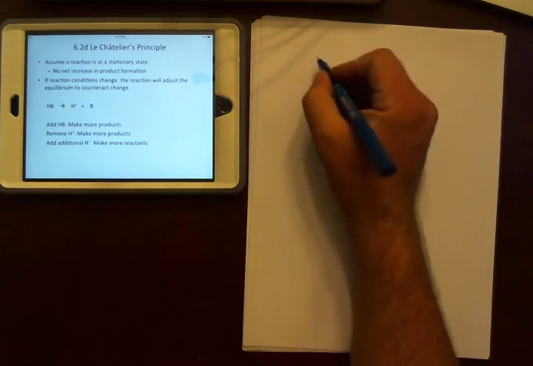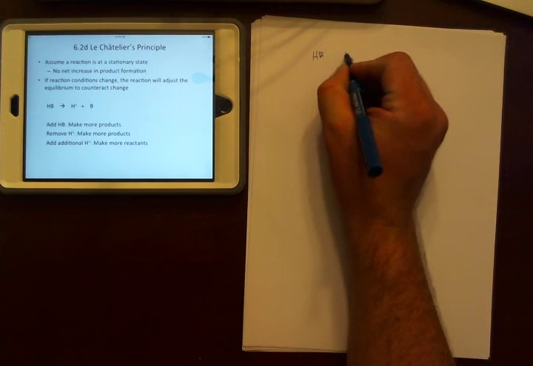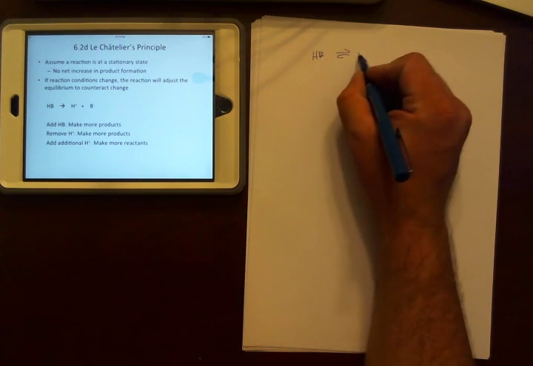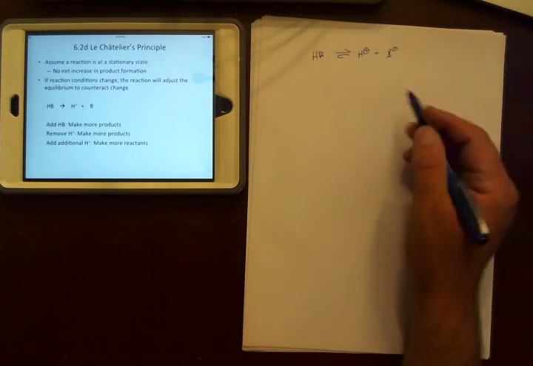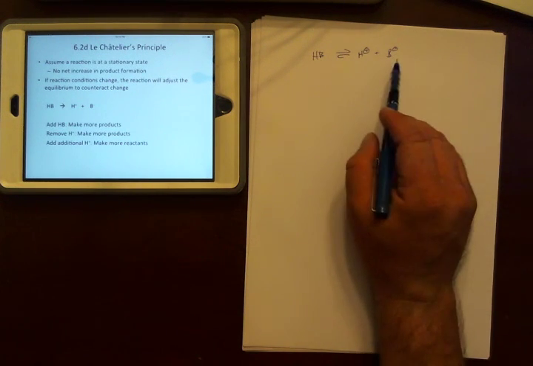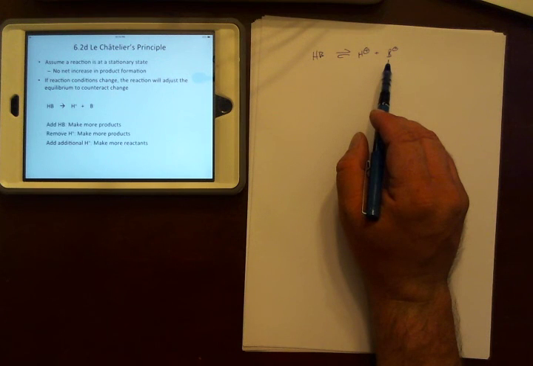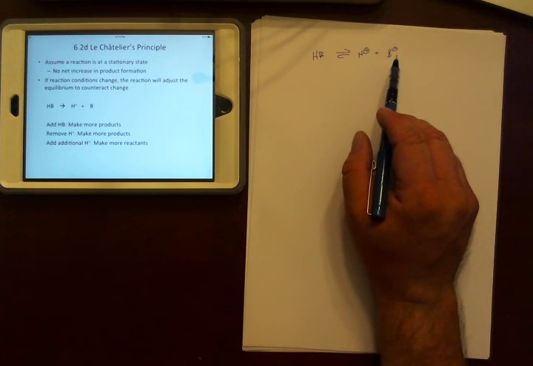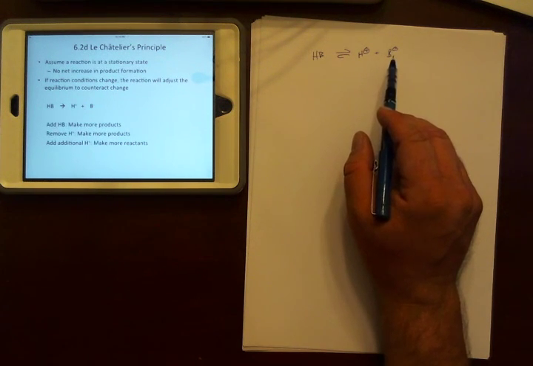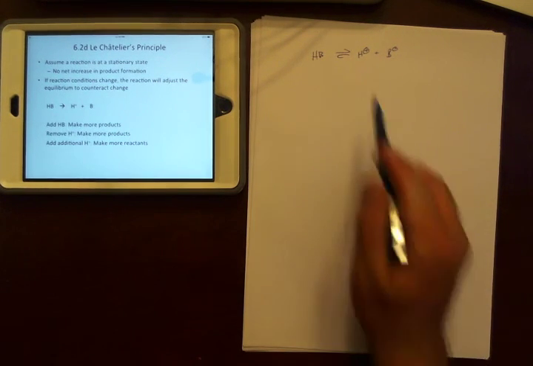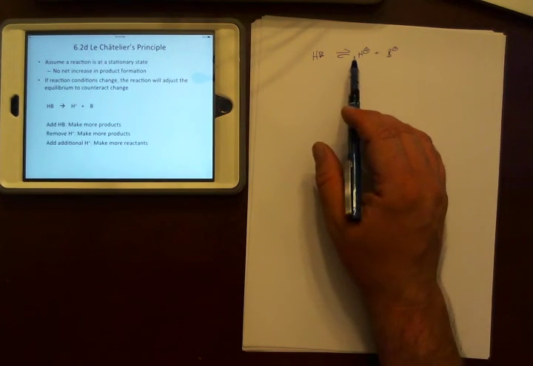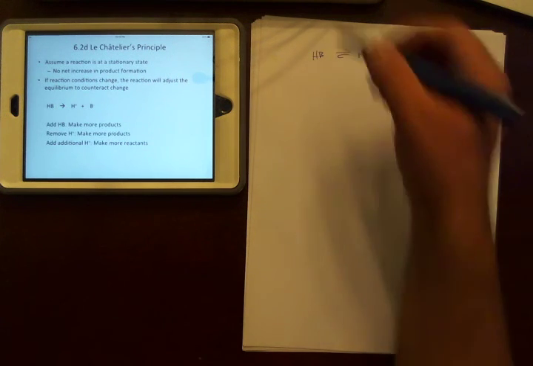So if you have this reaction, HB in equilibrium with H plus and B minus, and you stress the system to make it out of balance, it's going to shift the equilibrium so that the stationary state is met again.